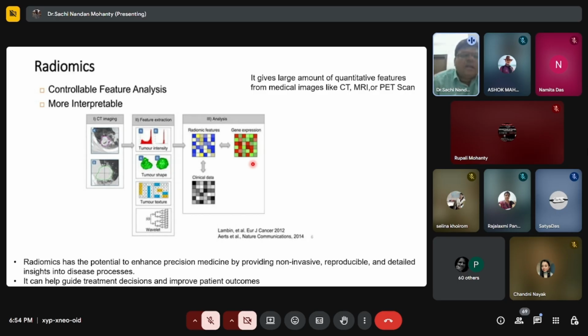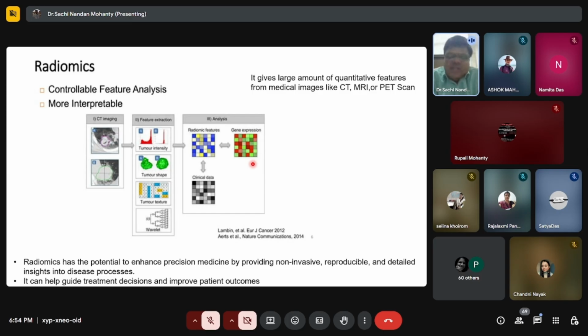So these are called radiomics. What types of control features are there, and how the features can be made more interpretable, is also considered by radiomics. It gives a large amount of quantitative features from medical images like CT images, MRI images, and PET scan images. People do not go directly for PET scan images, because PET scan is too costly.